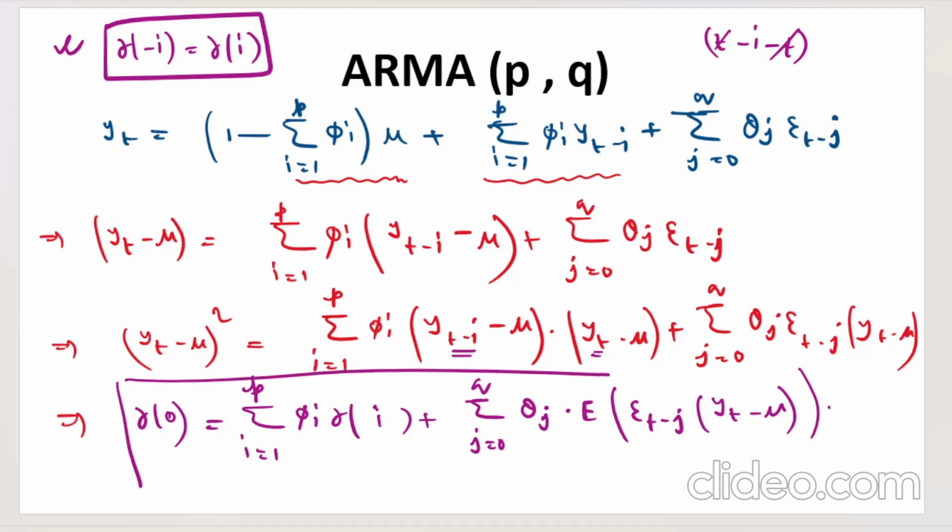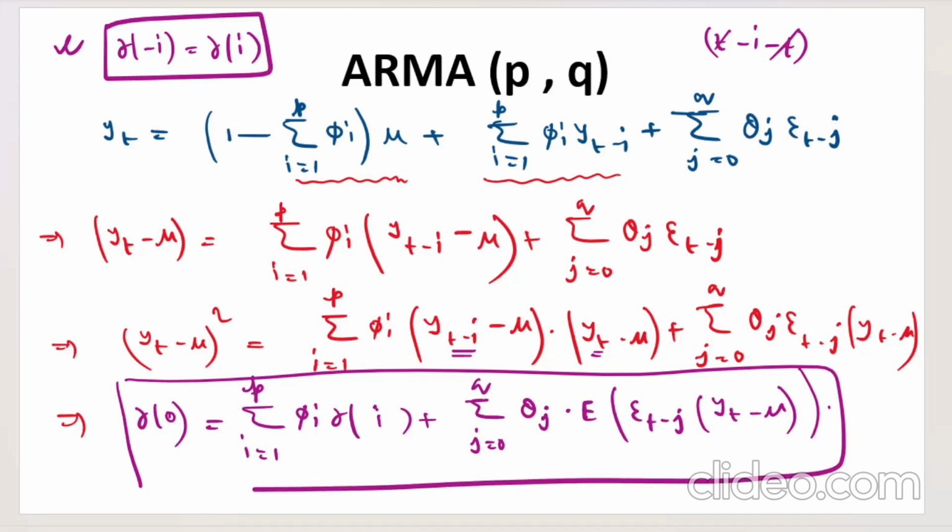Now I want to give you a very small homework. Your homework is to try to find out what this expression will be. Let me remind you that this will not be a very good looking expression. It will be a very messy expression. That is why I am not deriving it further. If you want, you can simplify this.